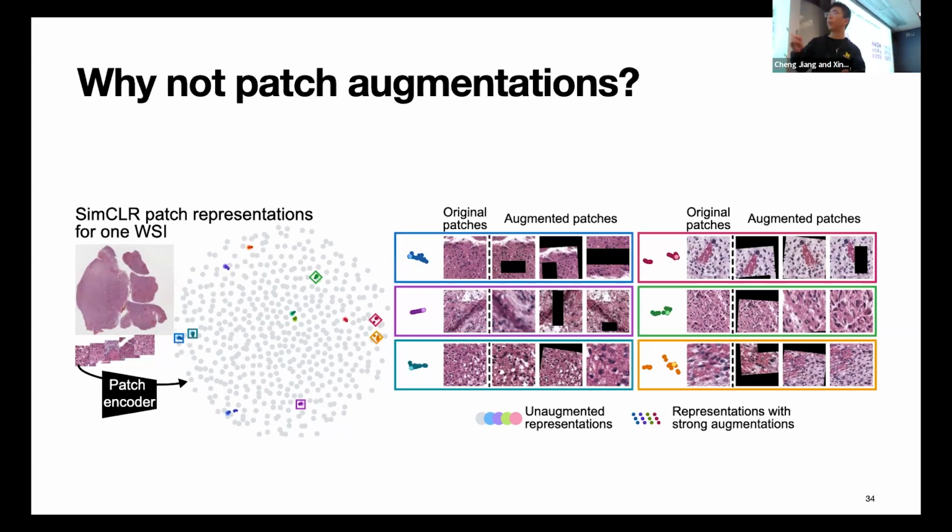So if we visualize the patch tokens with their different augmented views on a t-SNE plot of their embeddings, you can usually find the anchor image of the original patch and its augmented views are very similar to each other, and we don't think it will allow you to learn extra information about these slide representations.